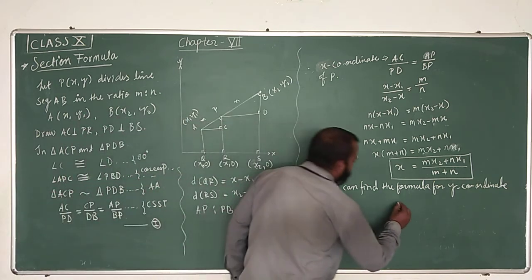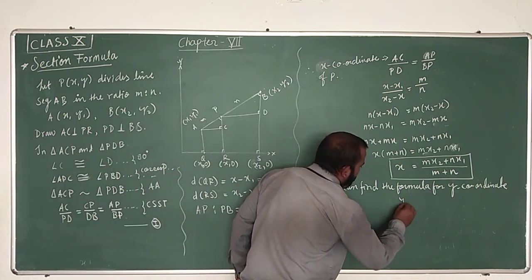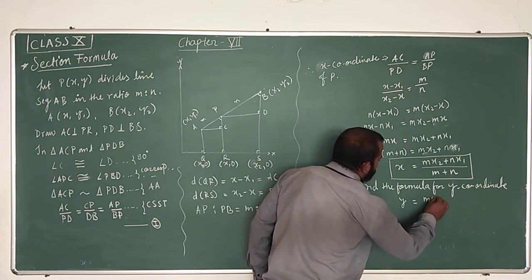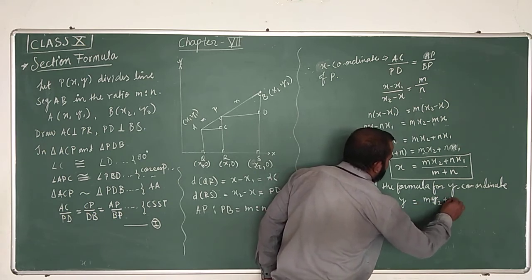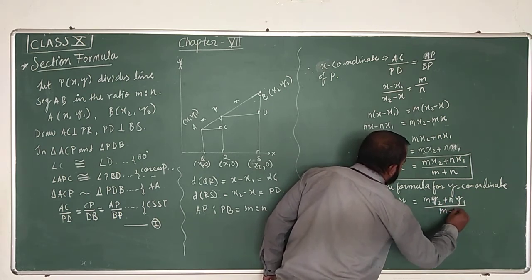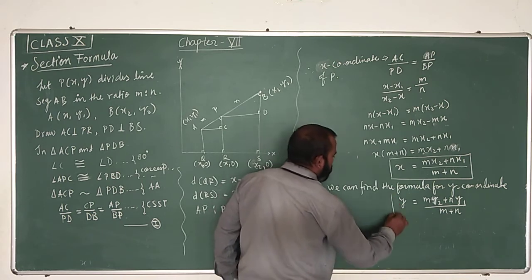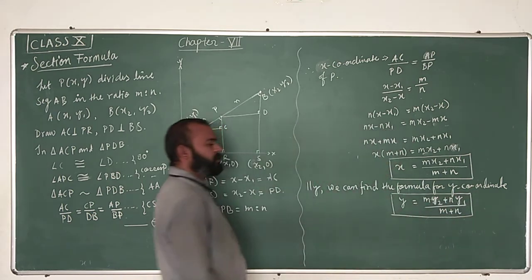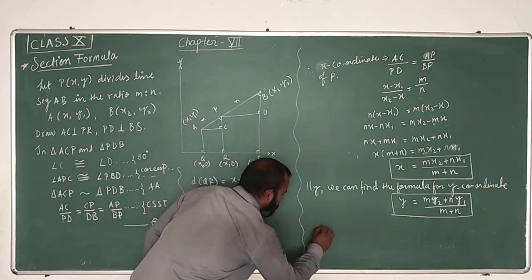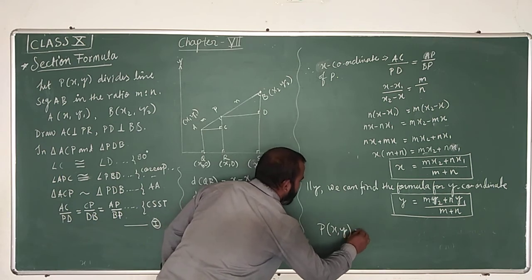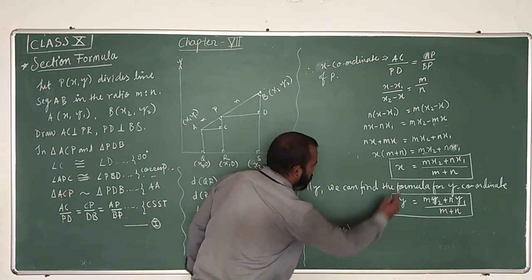So that formula will be y is equals to my2 plus ny1 upon m plus n. So this is the formula for the y coordinate of the point P. So we can write P(x, y) as what?